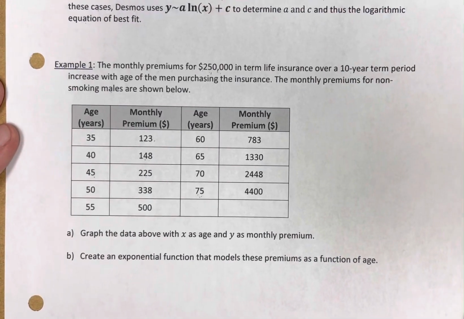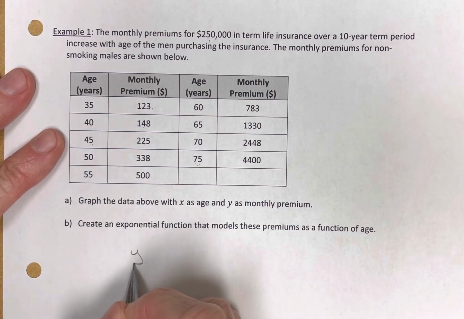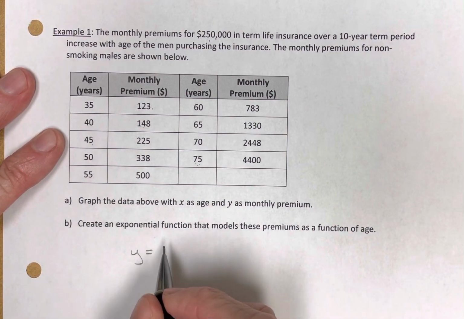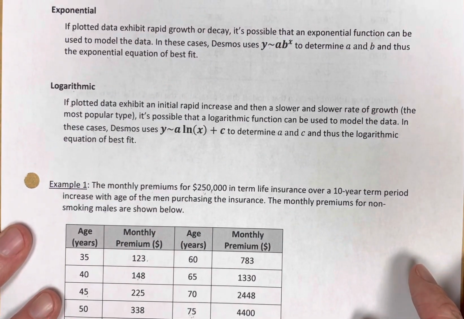So let's move this over. And our model, letter B says create the model. Okay, y is equal to our A. Let's go back up to here.